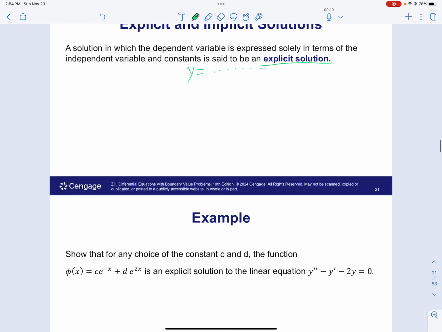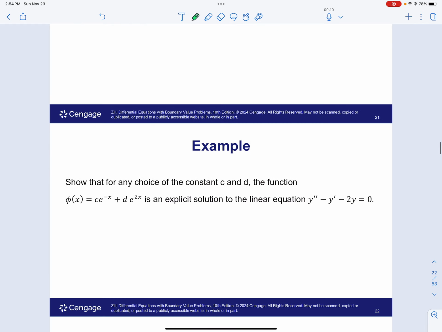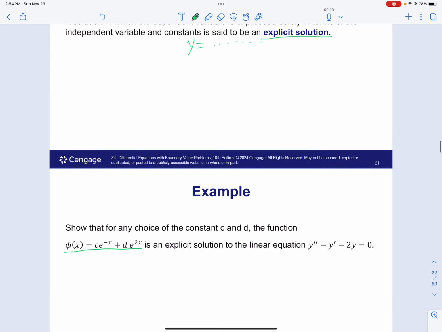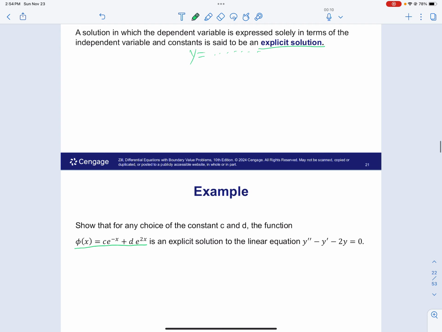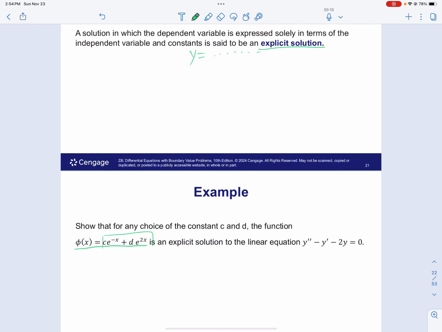Are you with me? For example, this one is an explicit solution. Why? Because on the right side, you only have x and constants. Do you have y? No. So this is an explicit solution.